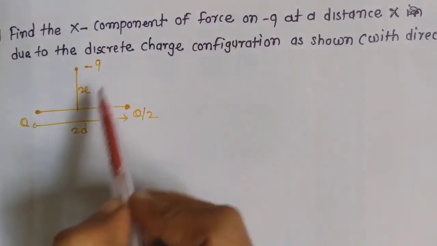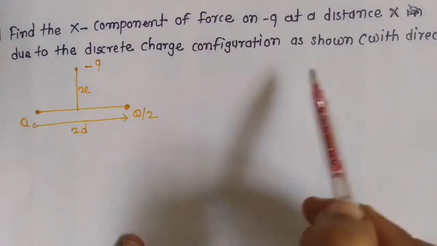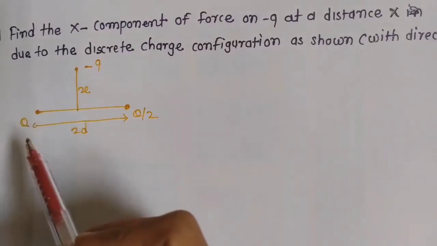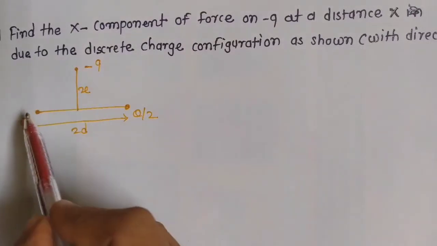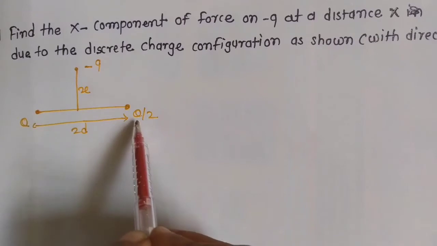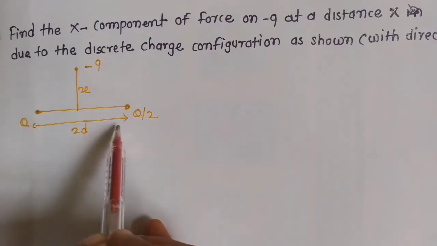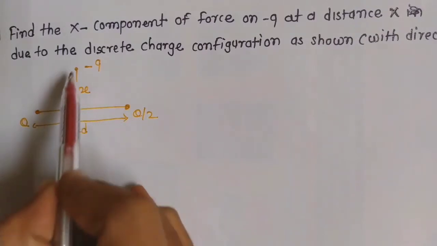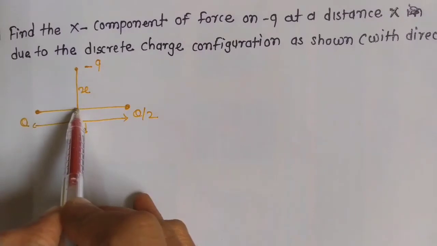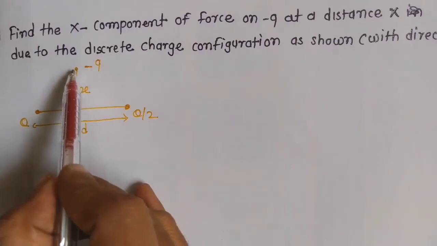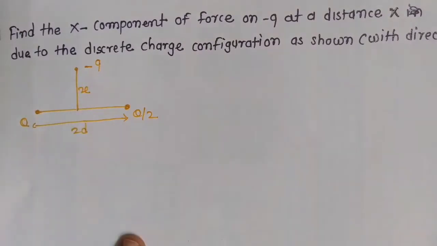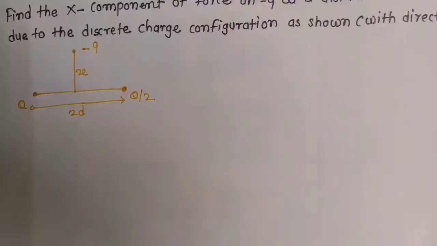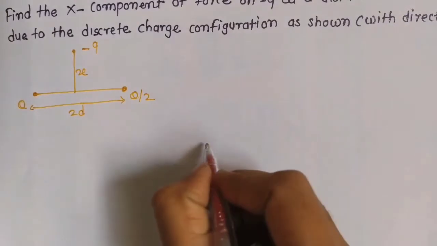due to the discrete charge configuration as shown in the figure, with a direction. OK, तो हमारे पास दो charges हैं q and q/2. The distance between them is 2d and the distance from the center to the charge minus q is x. So we draw this diagram.